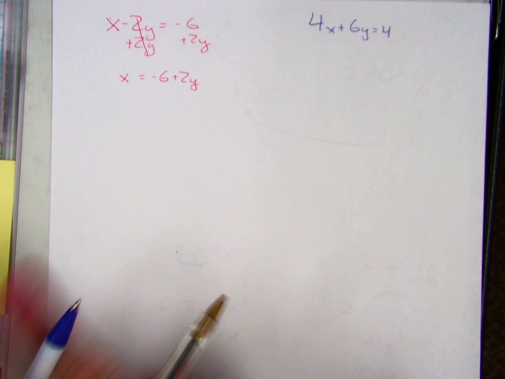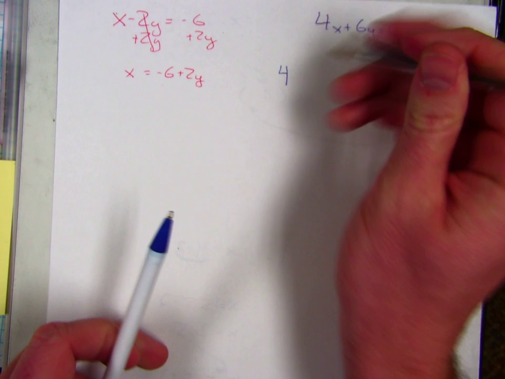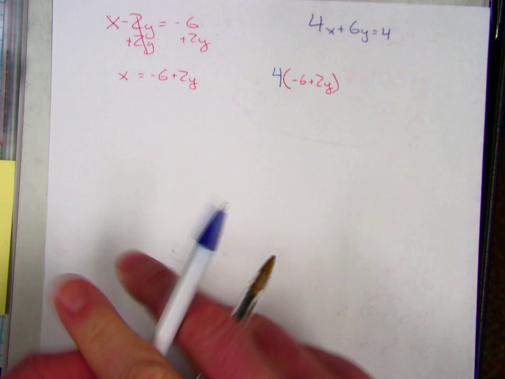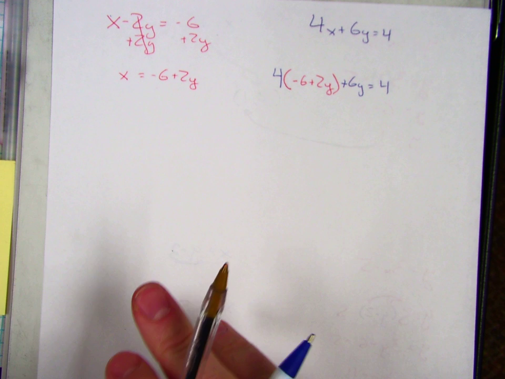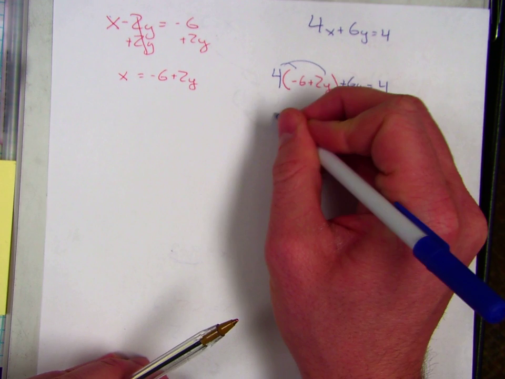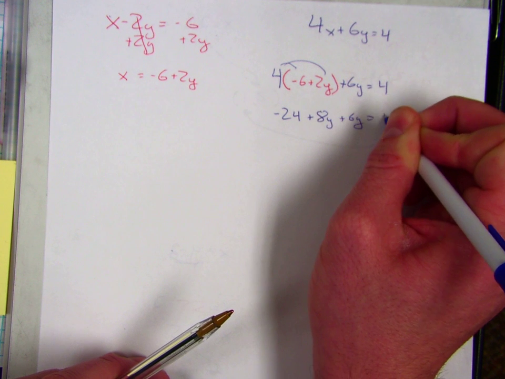So I can go back to my other equation, and instead of writing the x, I'm going to substitute in what I know x is equal to. And from here, it's just a matter of simplifying. I distribute my 4 in. And then I can combine some like terms.